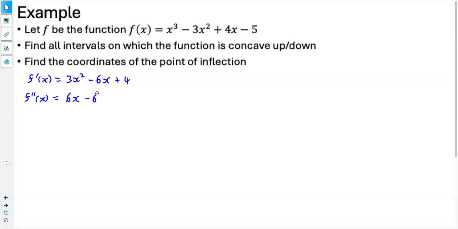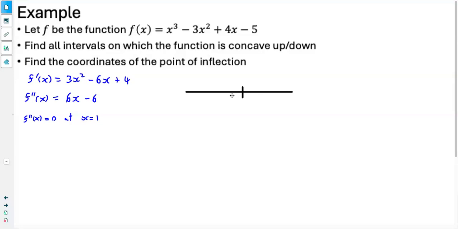And we can see that f double prime x is going to equal 0 at x equals 1. So just like in the last section of notes, we're going to rely a bit on line graphs.